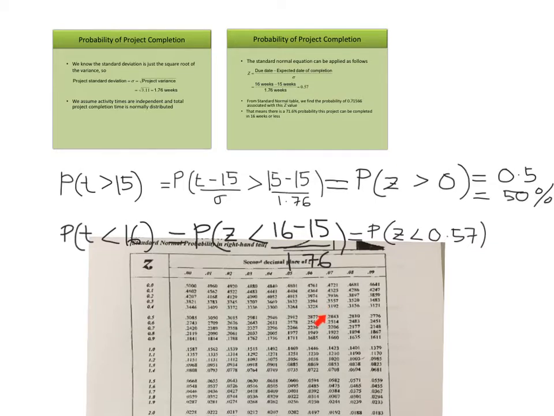This is the probability of Z greater than 0.57, because this is the right tail table. So all these values here are actually the probability of Z greater than these numbers. This is the second decimal for this number. So 0.57 is here. This is the probability of Z greater than 0.57, which is 0.2843.